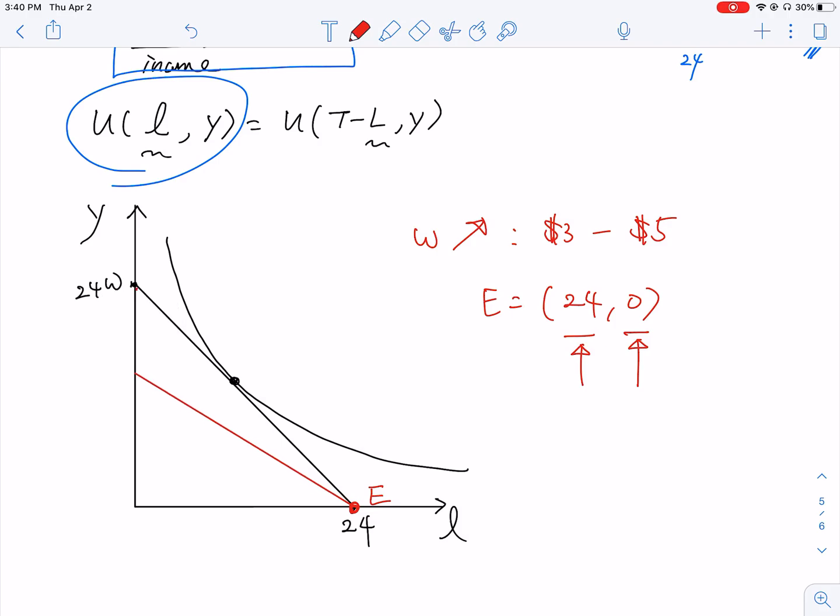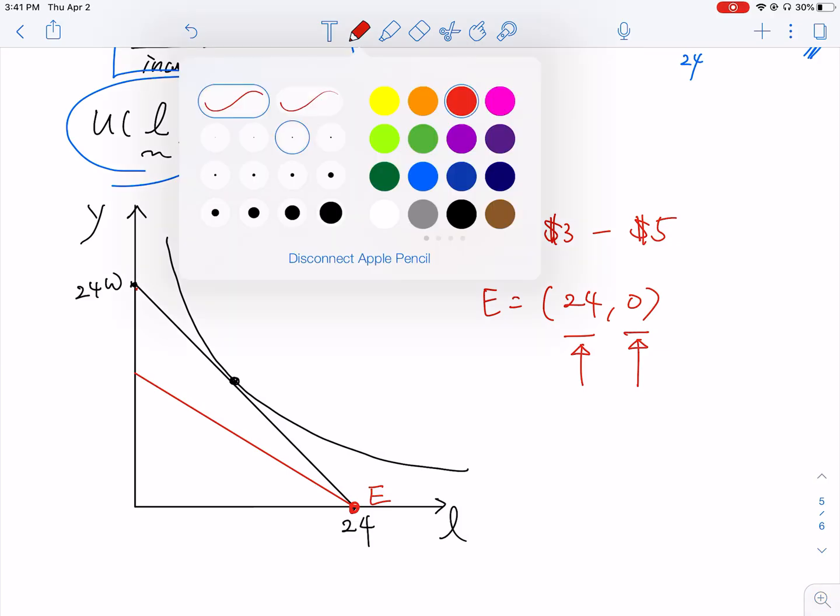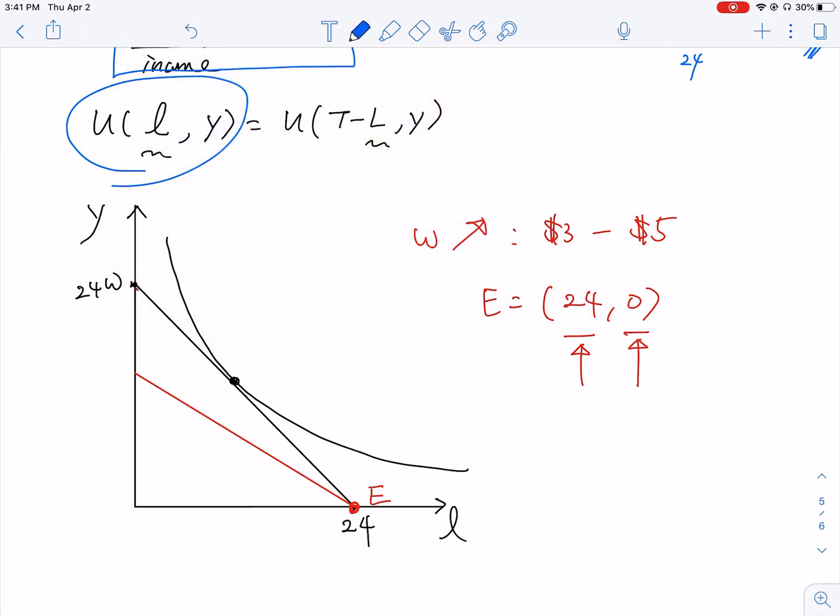So this change of the budget line is different from what we had for the first model, right? For the first model, the budget line change was a rotating budget line with the hub centered at the intersection of the budget line and the y-axis, right?